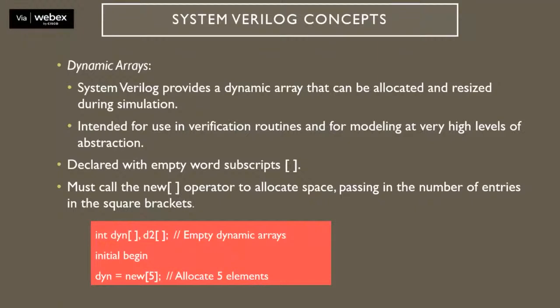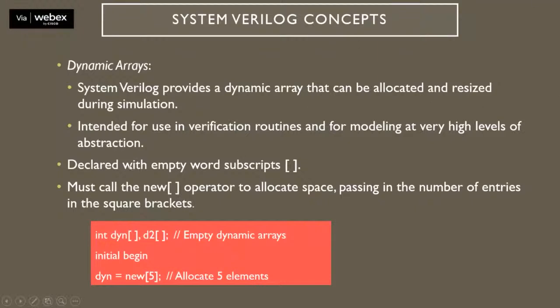But in a dynamic array, the allocation and resizing happen during the simulation. That means it is usually done during the runtime. And then you are going to consume a minimal amount of memory in comparison to a fixed size array.